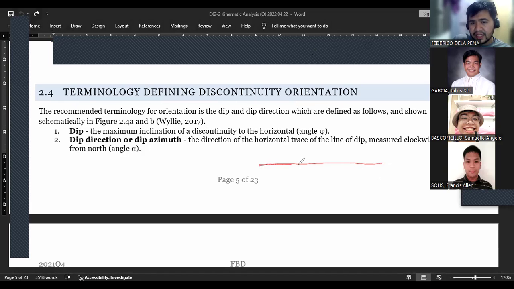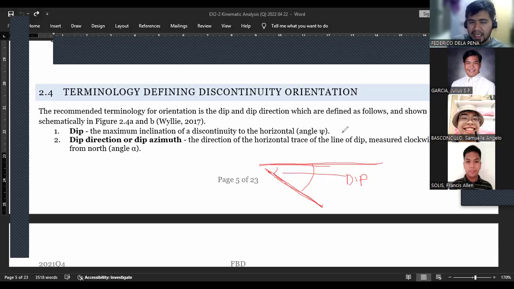If this is the horizon and let's say this is your discontinuity, you essentially just have to measure the angle between the face of the discontinuity and the horizon. Okay, and that's what we would call dip or dip angle.